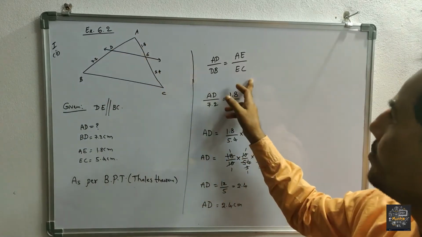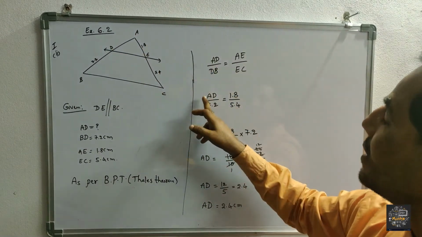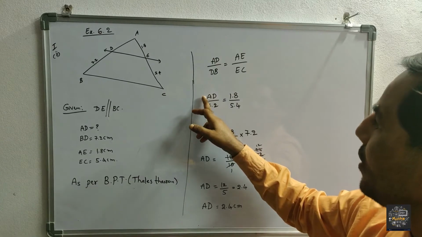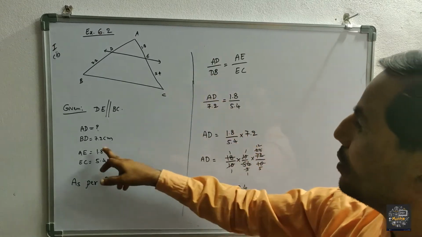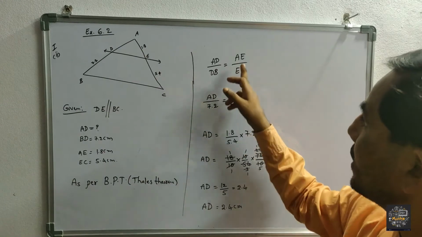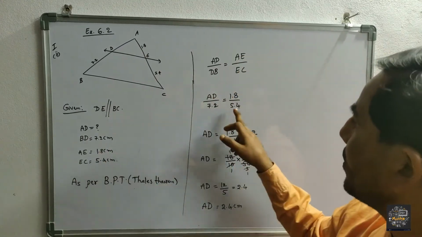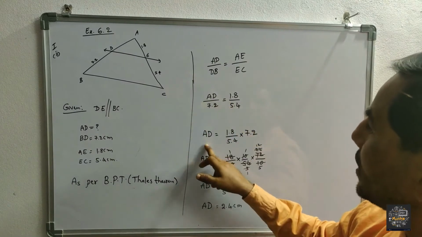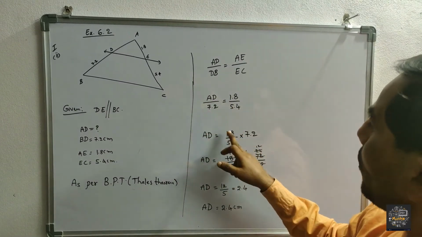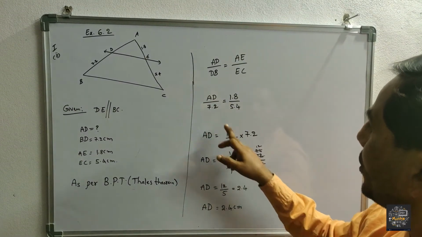AD value is not there, so that is the required value. AD by 7.2 centimeter is equal to AE value 1.8 centimeter by EC, which is 5.4 centimeter. So AD is equal to, by cross multiplication, 1.8 by 5.4 into 7.2.